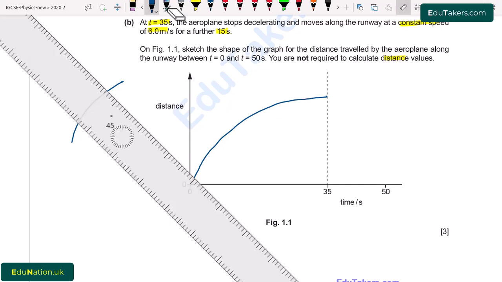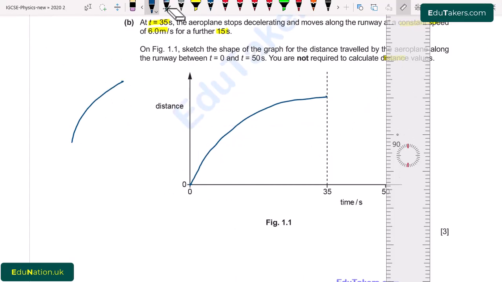So when I draw it, it will be just like this. I use the ruler. I have to mention these 50 seconds so that the curve does not cross this line.